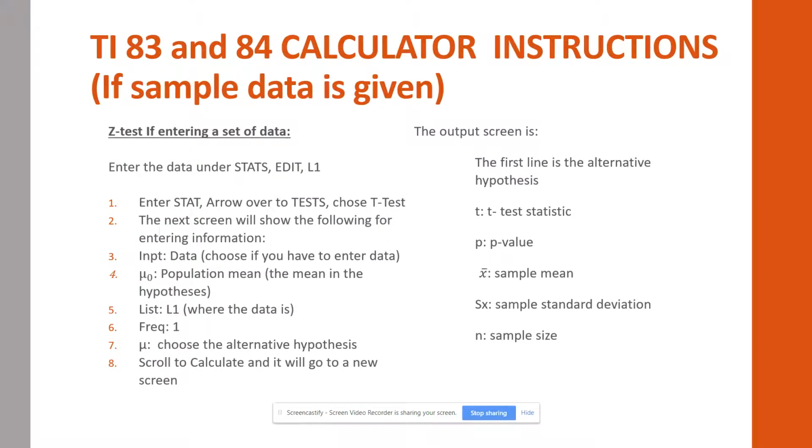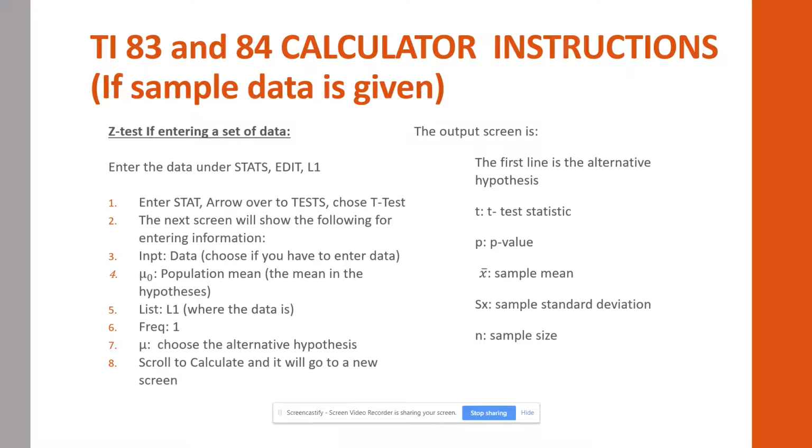Okay, so this is how you do it in the calculator. For a t-test, in this class, you're always going to have sample data. We did that just to make it a little bit easier. You can have sample data in your z-test, but again, remember, for the t-test, the population standard deviation is unknown. So enter the data under stats, edit, and then L1.